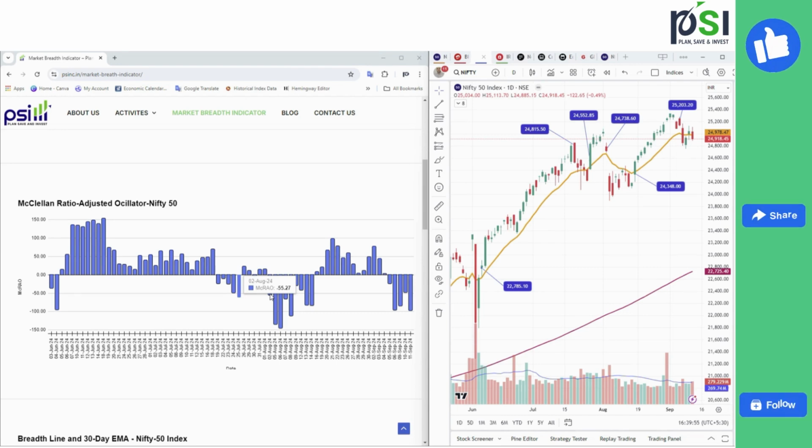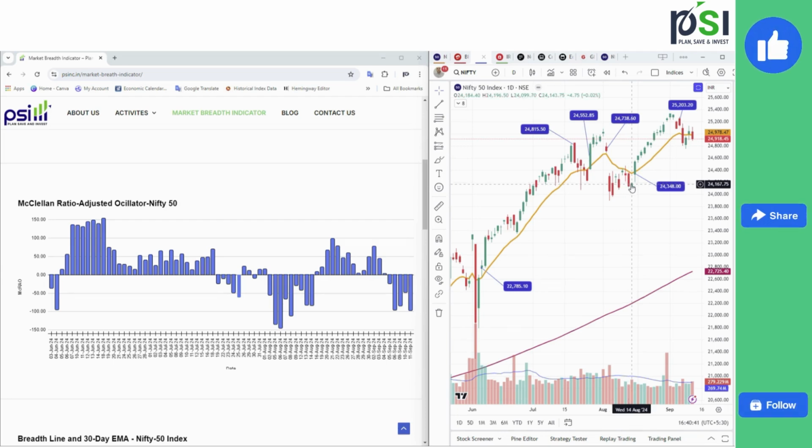Afterwards I'll increase my lot size, but on 2nd August I will add 1 lot, because the macro turned 55 negative. I will short the position, place a stop loss on 2nd August, and hold till 14th August. So if you would have shorted on 2nd August, that is here, somewhere at 24,738, then I would have bought back on 14th August when the market is at 24,186.